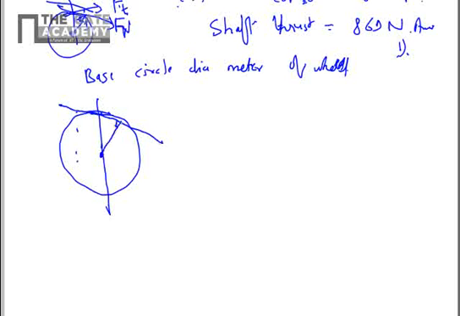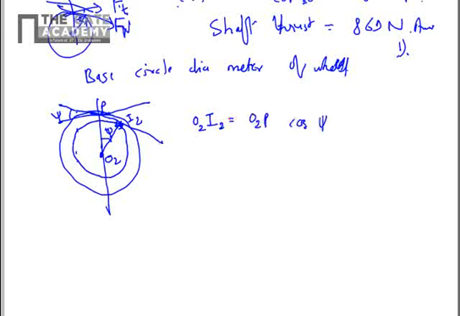You drop a perpendicular on the force line, and then you get the base circle. So this distance O2I2 is the base circle radius. This angle is xi, the angle between the common tangent and the pressure line. This is the pitch point P. So O2P cos xi is O2I2.